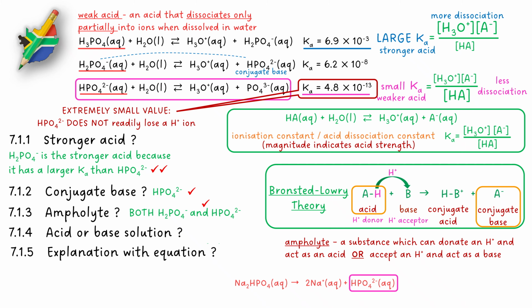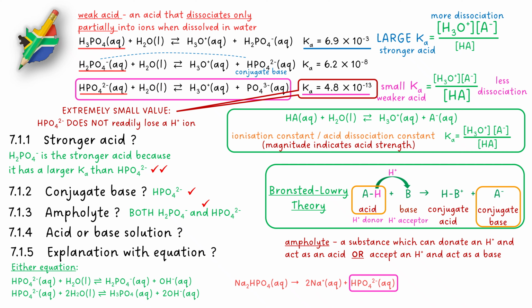It does not readily or easily act as an acid. Instead, since it is an ampholyte, it is much more likely to act as a base when it reacts with water and gain hydrogen ions from the water. Water will act as the acid, and hydroxide ions form, making the solution basic.